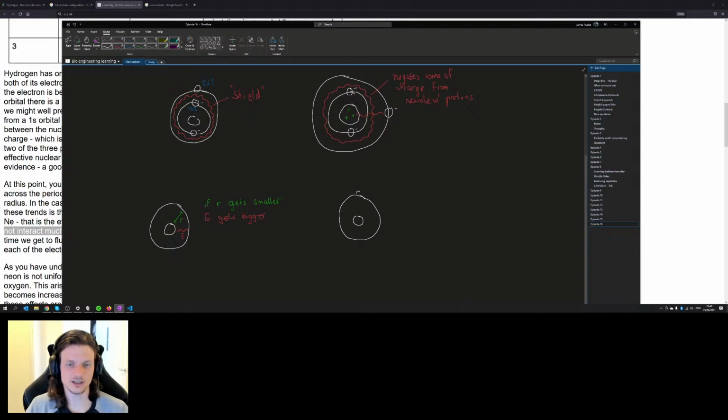So if I have a negative here, an electron here, then this and this have a weaker interaction, not attraction, between electrons on the same shell.